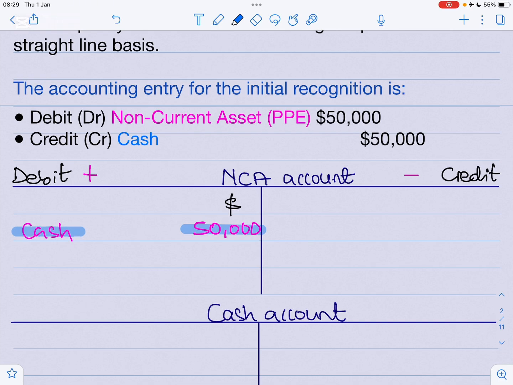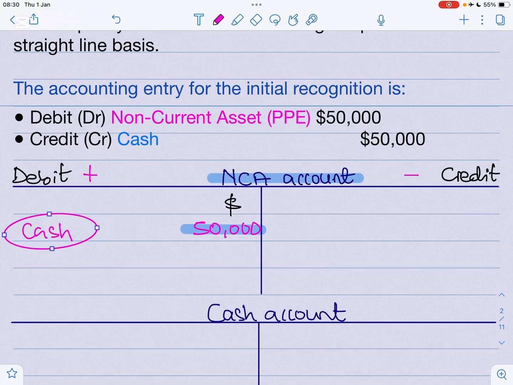Before we leave this account, let me tell us quickly that when you debit or credit an account, it is the heading of the account that is debited or credited, as the case may be. So it is wrong to come to the non-current asset account and say cash has been debited.